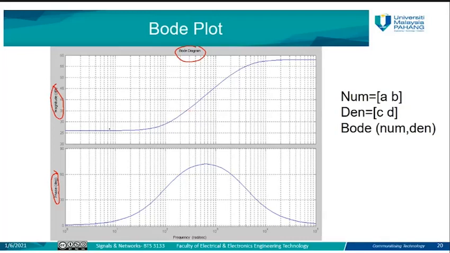Okay, so we are trying to approximate, because we cannot draw such a slope or such a round top here. So this line will be represented by straight lines until this point. Then this line will be represented by a straight line until this point. That line will be a straight line until that point.